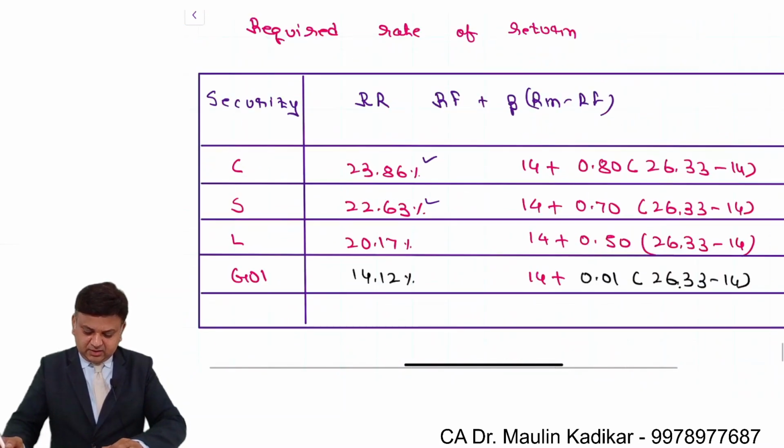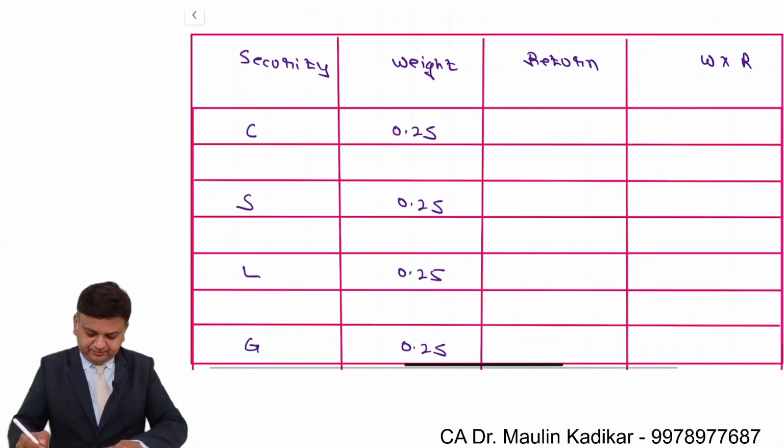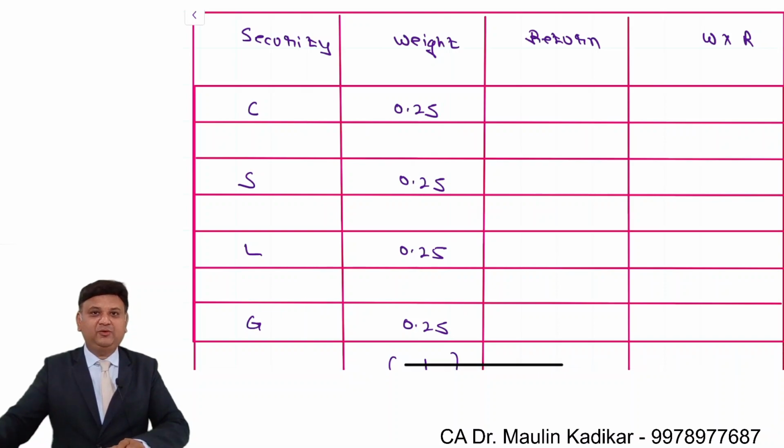So the returns are 23.86 and so on, that we have to keep.